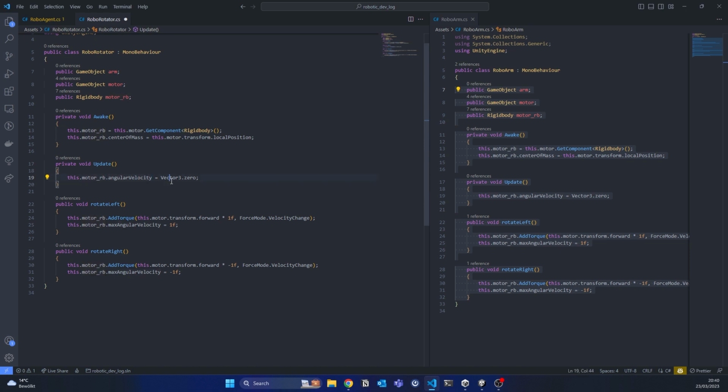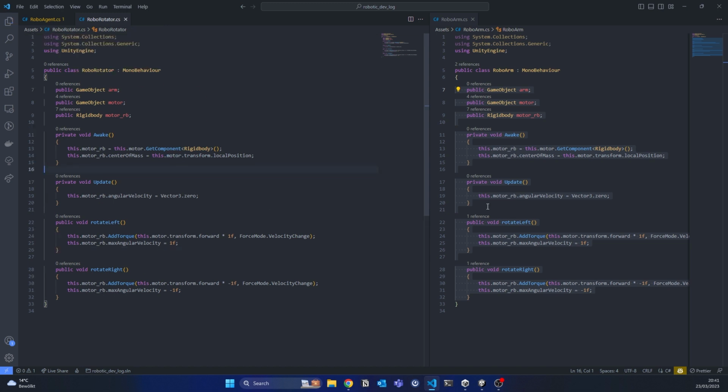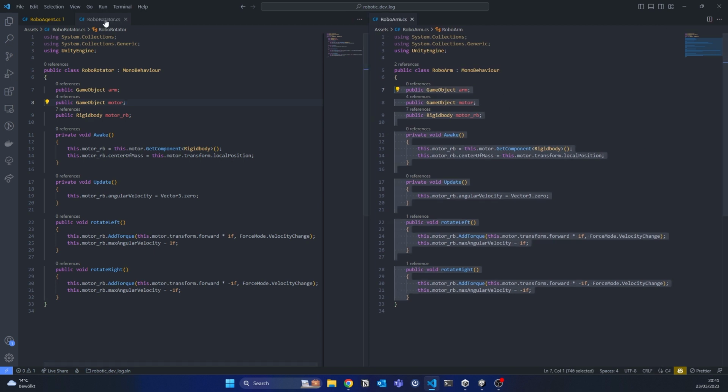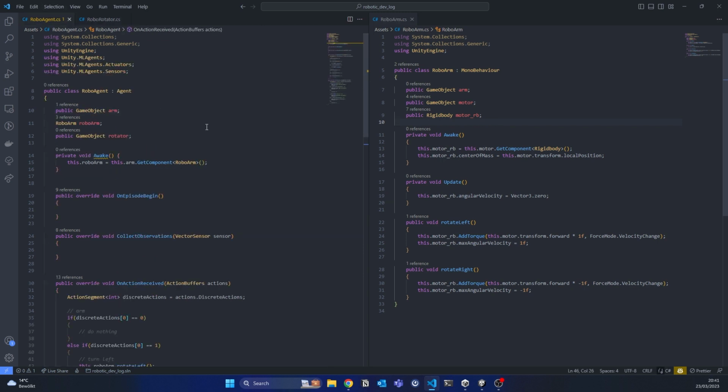Rotor angular velocity, that's also fine. We rotate the motor. I think it actually seems to be very similar. Potentially we want to change... I feel like we could have reused the same script, but down the line maybe we want to have different speeds, or something different here.